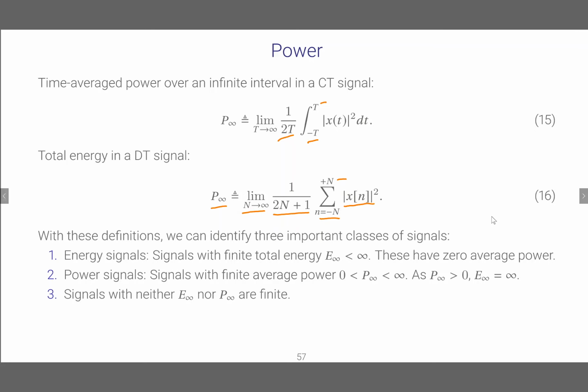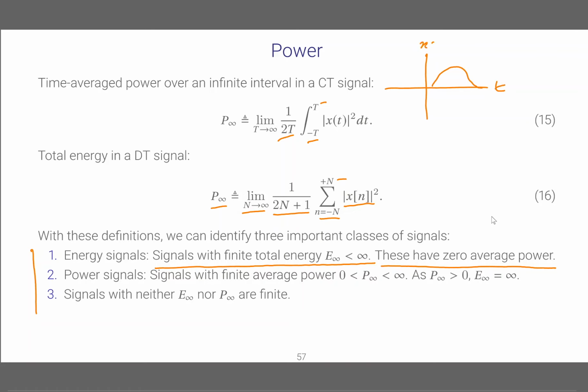With these definitions, we can identify important classes of signals. So it's important to remember this. Energy signals are signals with finite total energy, that means E infinity less than infinity, and these have zero average power. For example, if you consider a signal like this that starts and is a pulse, this has finite energy.